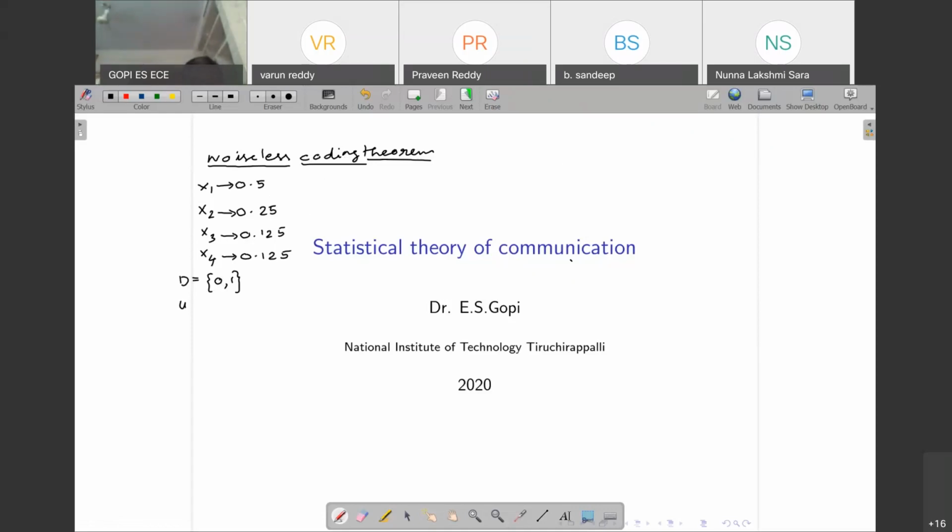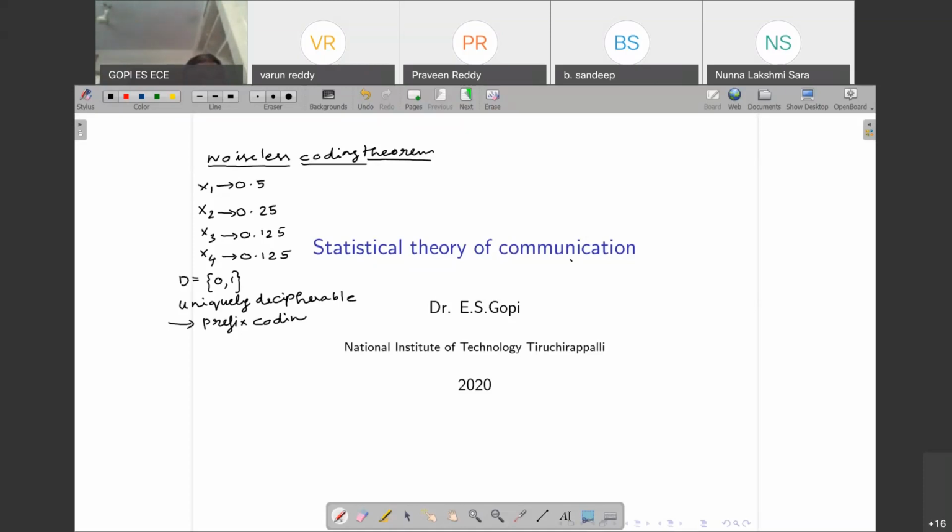You code in such a way that, first of all, it should be decipherable. To achieve this, one way is prefix coding. What does it mean? No code should be the prefix of any other code assigned to a symbol.